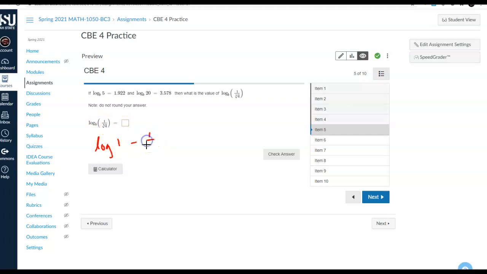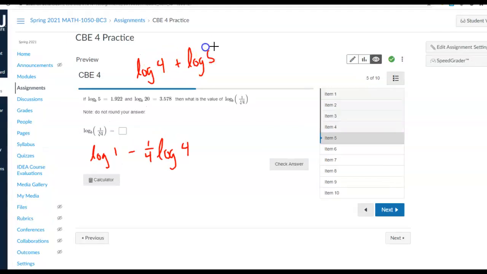So that 1/4 is going to come out front, and then it's log of 4 here. So again, that 4th root of 4 is just 4 to the 1/4, which I just kick out front and it's subtract because we're dividing. I also need to take care of this 20. This log base 20 can break up to log 4 plus log 5.